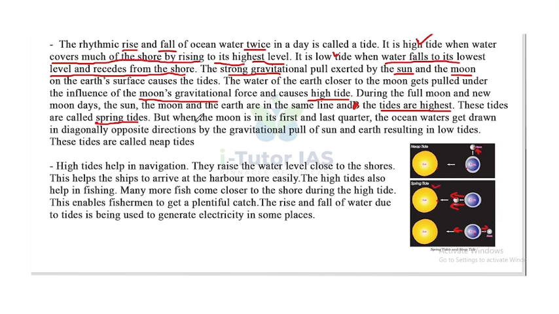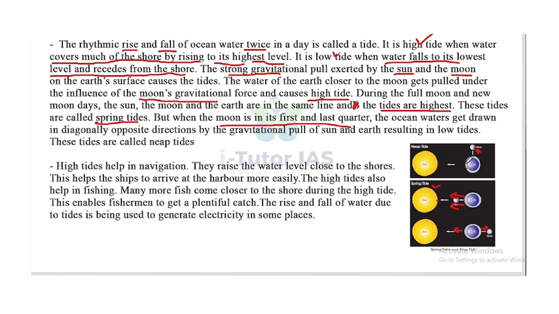But when the moon is in its first and last quarter, the ocean water gets drawn in a diagonally opposite direction by the gravitational pull of the sun and moon, resulting in low tides. Look at this picture. Sun, the earth, the moon. They are not in a linear way.